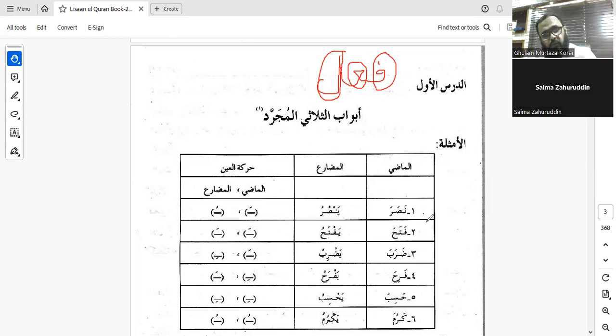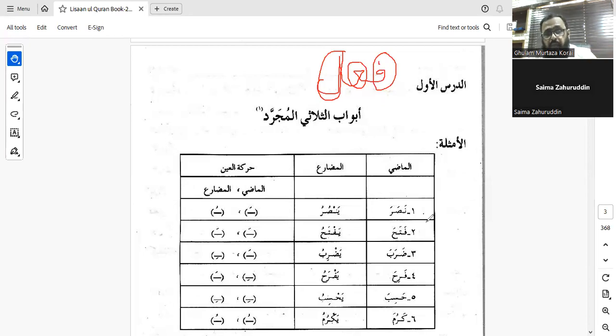Daraba: dad is at the place of kalimatul fa, ra is at the place of kalimatul ain, and ba is at the place of kalimatul lam. Then we have fariha: fa is at the place of kalimatul fa, ra at kalimatul ain, and ha at kalimatul lam.